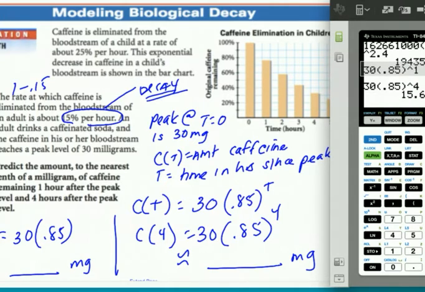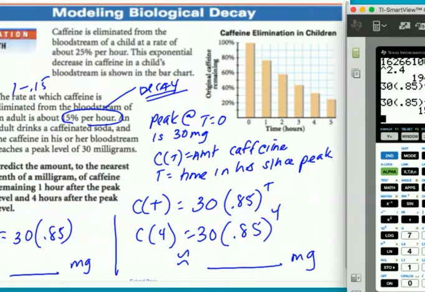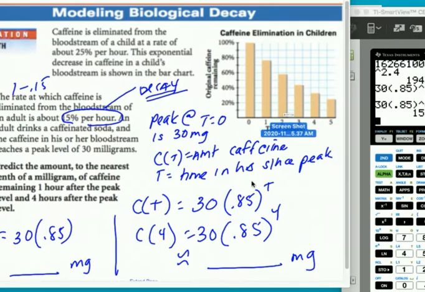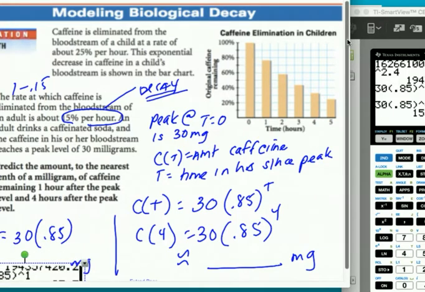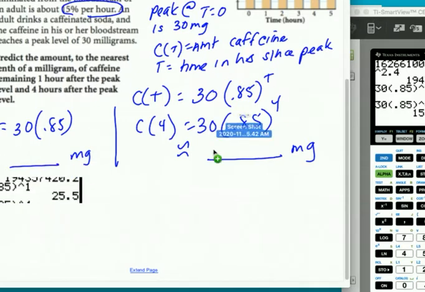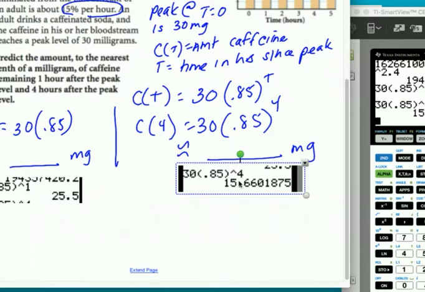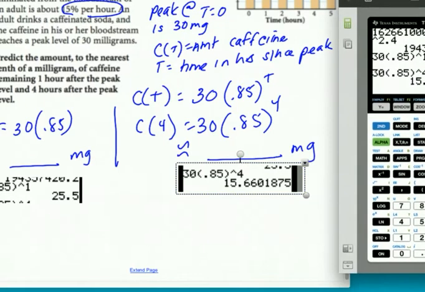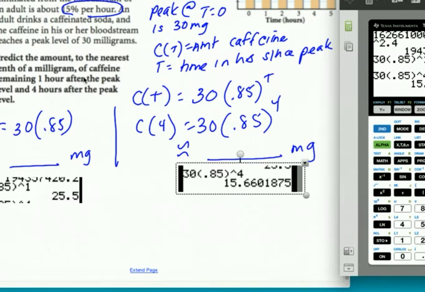So if I put both of these in here, and I know I could just copy them, but again, I'm going to take advantage of our screenshot abilities. So let's drag this guy down here, drag this guy over here. All right, so in this case they told me to approximate to the nearest tenth.